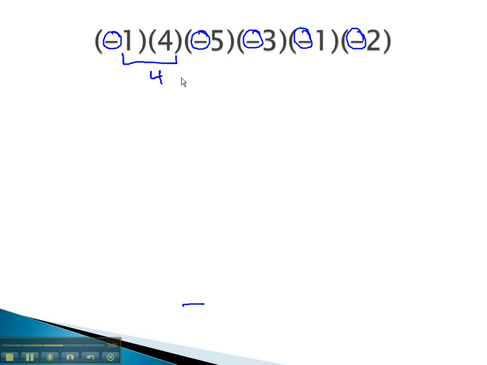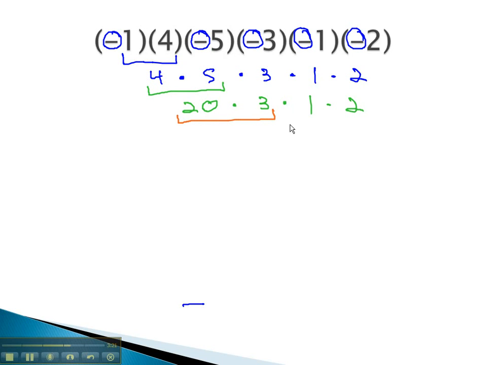1 times 4 is 4, times 5 times 3 times 1 times 2. Continuing to multiply left to right, 4 times 5 is 20, times 3 times 1 times 2. Still going left to right, 20 times 3 is 60, times 1 times 2. 60 times 1 is just 60, times 2.